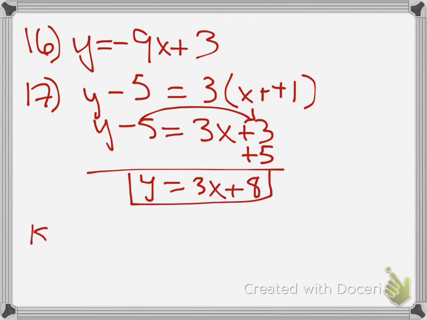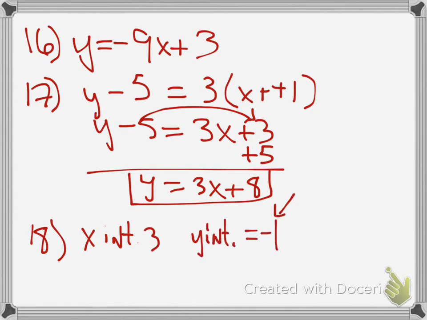On number 18, you have to find the slope. They give you an x-intercept of 3 and a y-intercept of negative 1. Keep in mind that that right there is your b, but you got to find the slope. So the nice part is this. This is 3 comma 0. This is 0 comma negative 1. You might want to make sure you know that for the test.